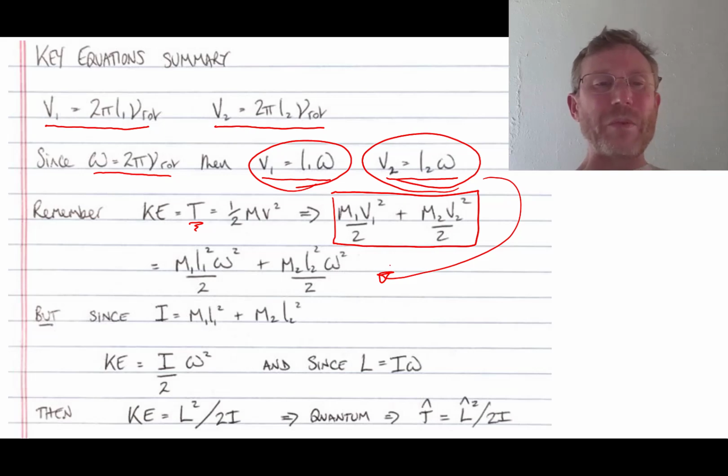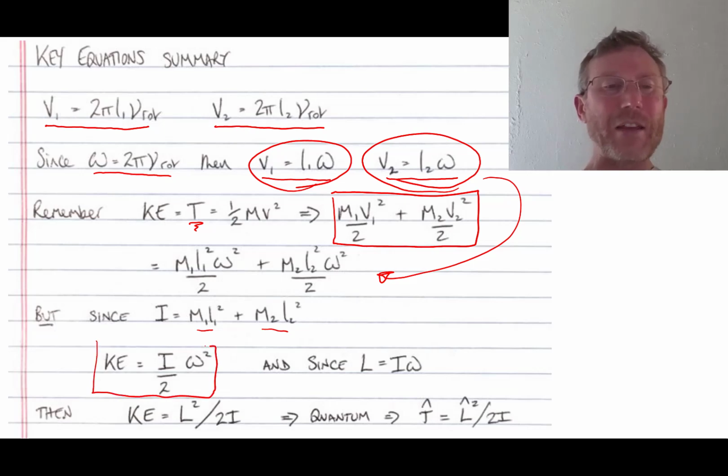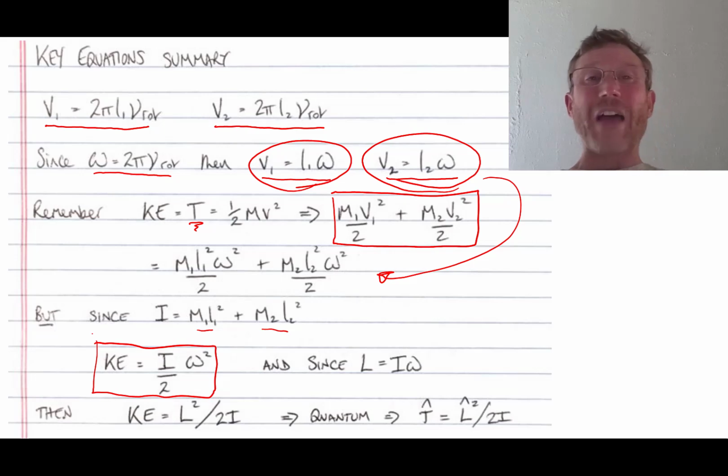And so we've explained in the previous slide how we actually get a moment of inertia that's equal to m1 L1 squared plus m2 L2 squared. So again, what we can do is simplify to end up with a kinetic energy term that takes into account the inertia of that system, the inertia of those two balls connected by that rigid rod.